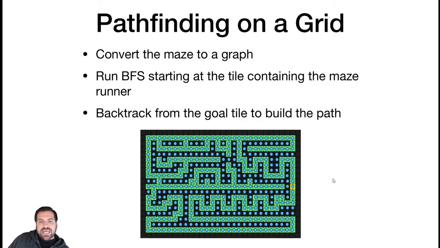If we think of each tile on this map as a node, and we write some code to take in the game map and build that graph, then we can convert our problem into a problem that we have a solution for. We want to convert this into a graph problem so we can run BFS on our current location and find that shortest path through this grid system. So if each tile, which is a grid location in the code, becomes a node in a graph of grid locations, and we give each node a unique ID, now we can run breadth first search.